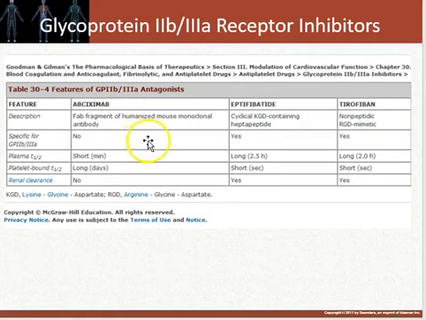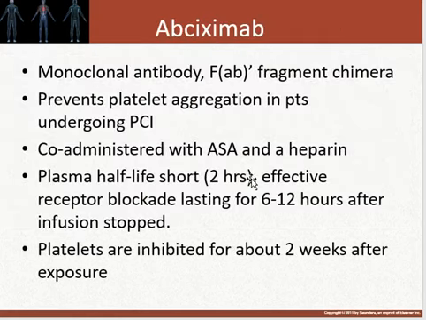It's not really specific for the receptor, but inhibits the receptor activity. These two drugs, which are different in size, are much more direct and specific for the glycoprotein 2b3a receptor. So this is a nice summary table in terms of these three drugs.